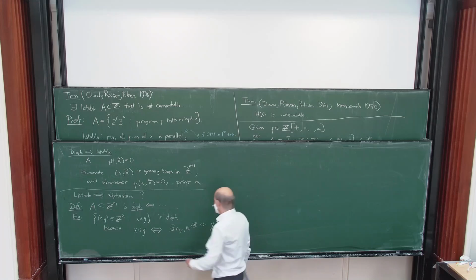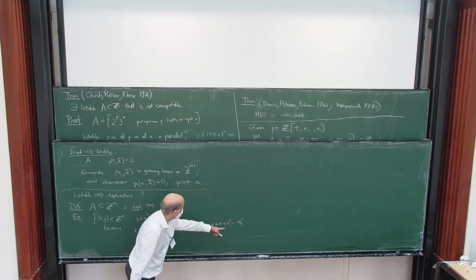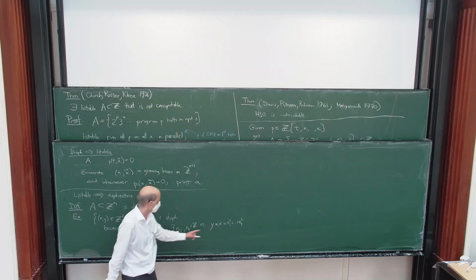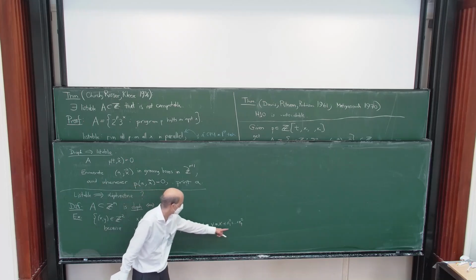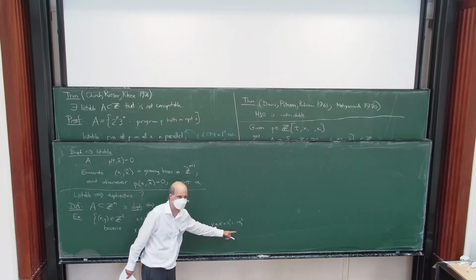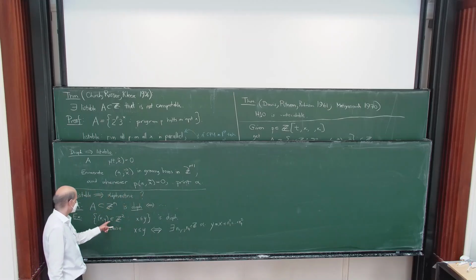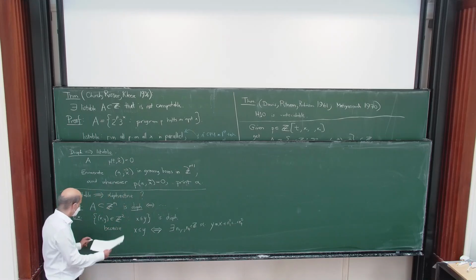Notice that this is exactly the kind of thing I'm talking about, where you have two parameters, x and y, and you're trying to figure out for which values of x and y this equation is solvable in the remaining variables. And it's true if and only if this is true. So that proves that this is a Diophantine set. I'm going to abbreviate it.